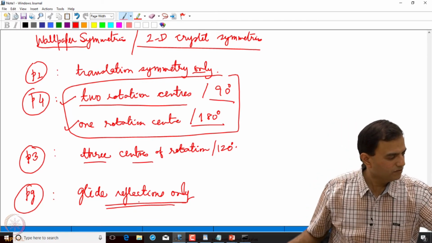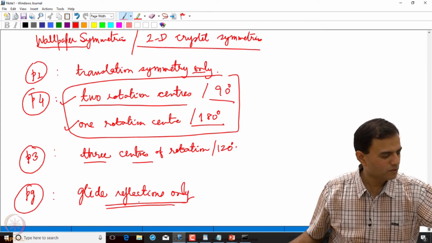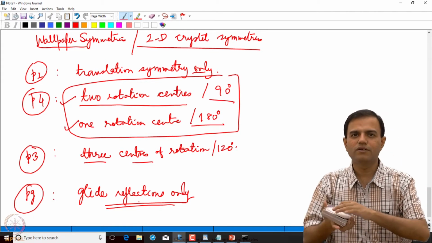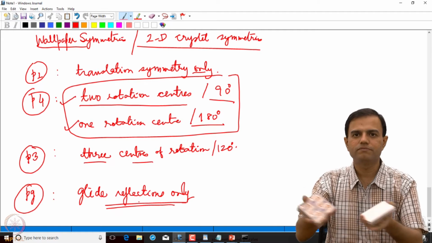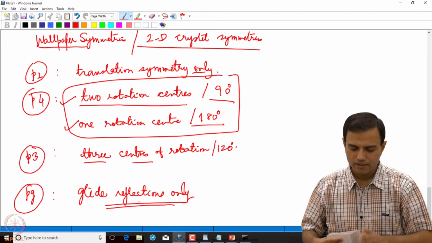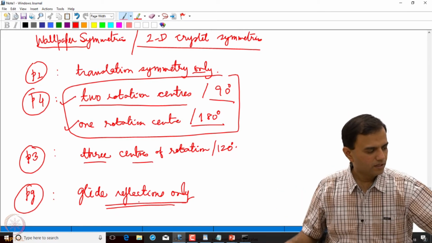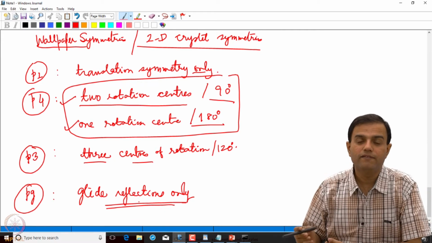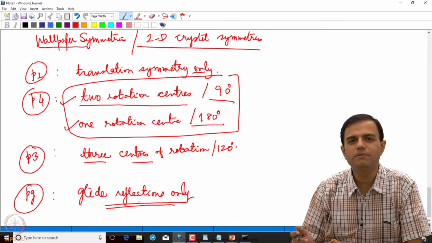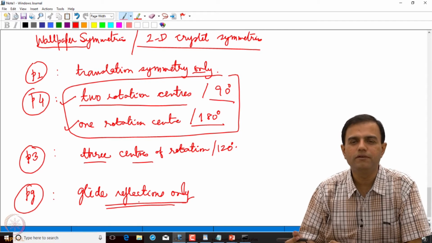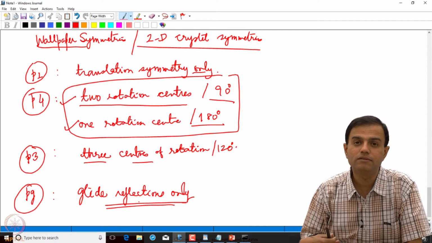Now I have shown you so many of these. And we have seen that there are infinitely many symmetries for R2. How many symmetries will there be for wallpaper patterns?